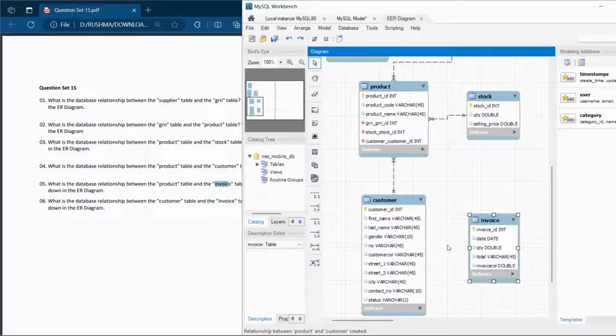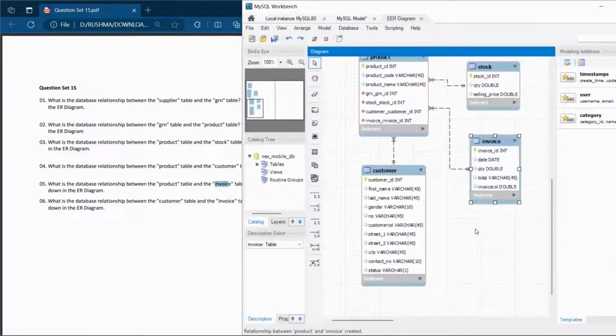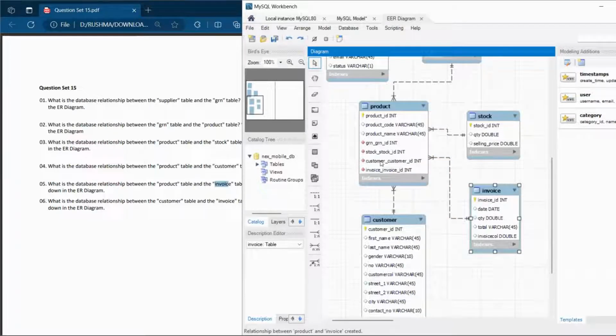So this is again a one-to-many relationship. The many would go to the product side and the one would go to the invoice side. Because if a particular person buys a product, that product will be in a separate invoice. And if he buys the same product again, that would go into another new invoice. That makes it a one-to-many relationship like this.